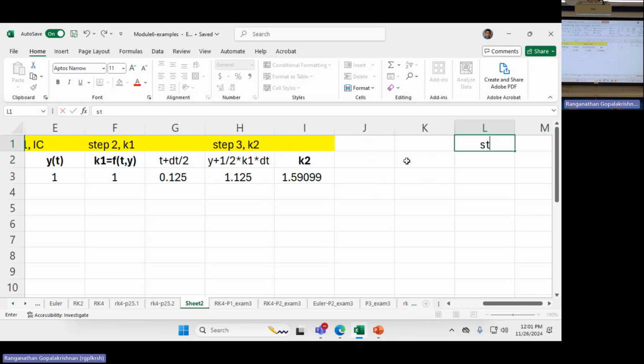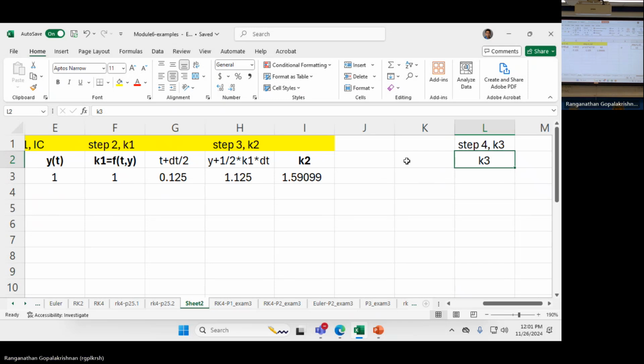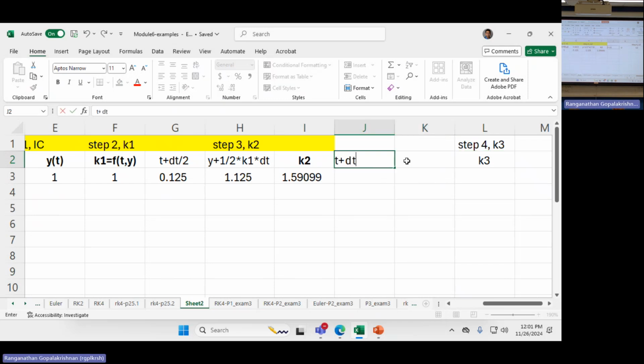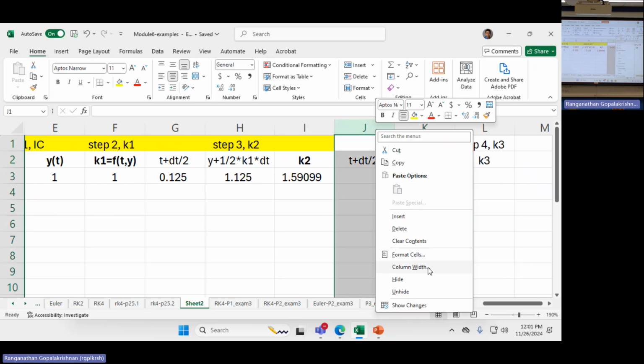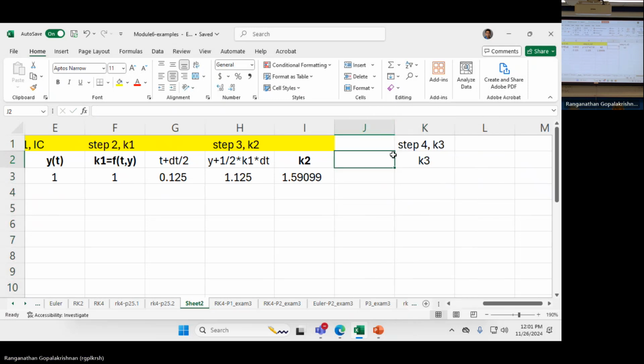Then the fourth step is step 4, K3. What is K3? K3 depends on the function. Evaluate that at t plus delta t over 2 and y plus half K2 times delta t. So I'll write t plus delta t over 2, and y, or if you want to say one row, y plus half times K2 times dt.